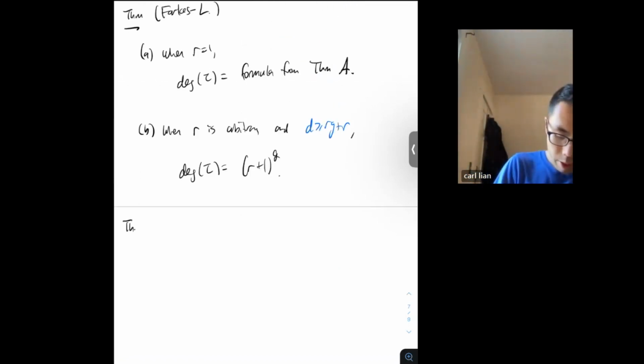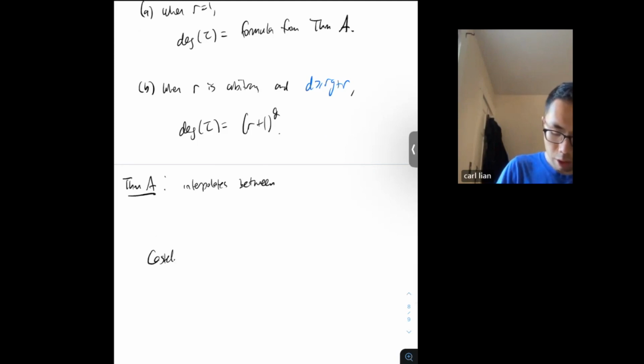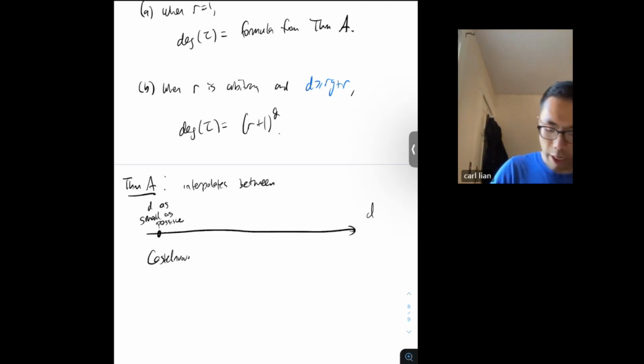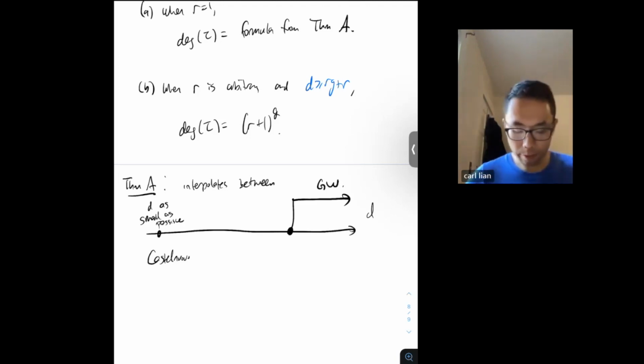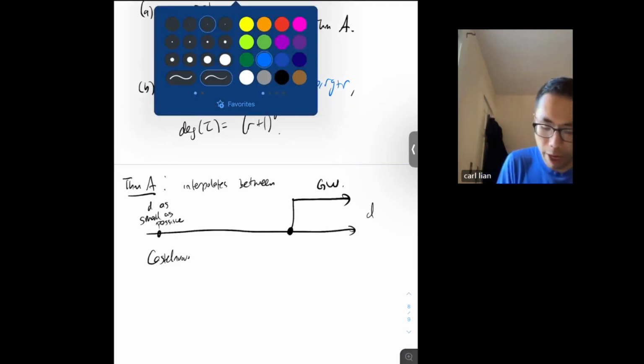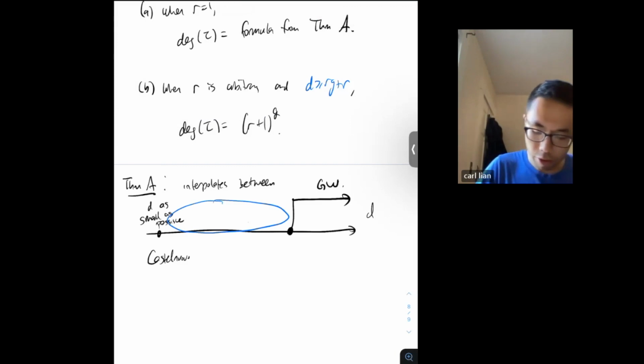So if you take a number line, this is d, and this is d very small, as small as possible. And then above some range, there's the Gromov-Witten answer. And over here, this is where theorem A gives you something new, new results.